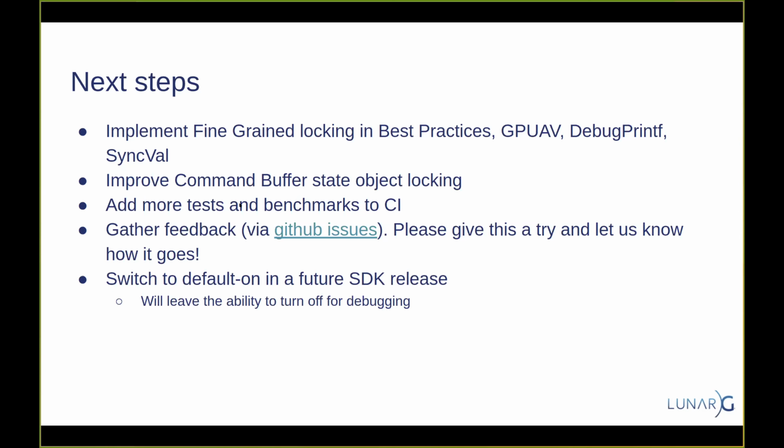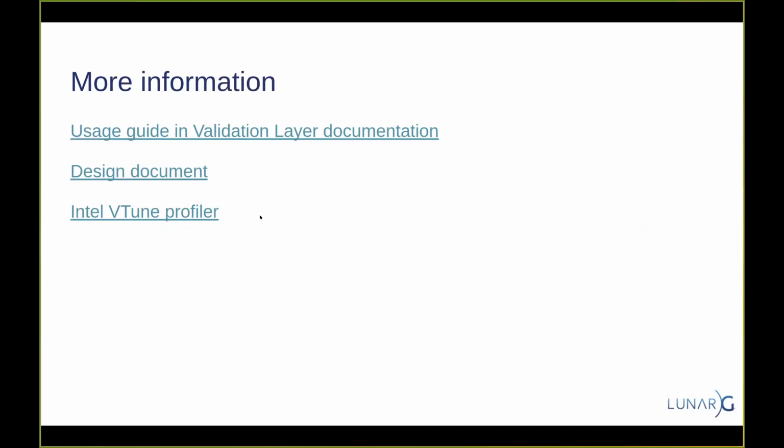So that's a summary, but that's it for my presentation. There's quite a bit more documentation. There's a usage guide in the validation layer documentation. There's also a design document that goes over a lot of the implementation details that I kind of just glanced on. That may not be interesting unless you're actually working on the validation layer, but it's there.